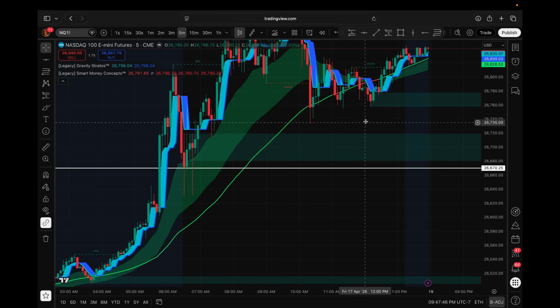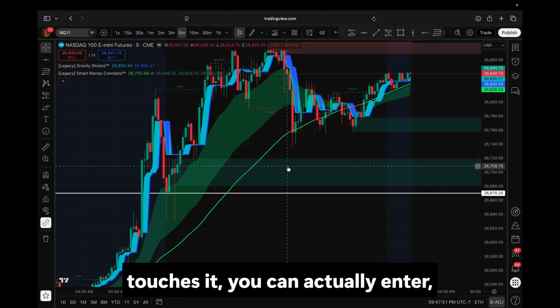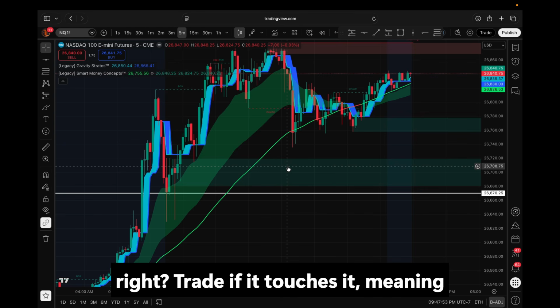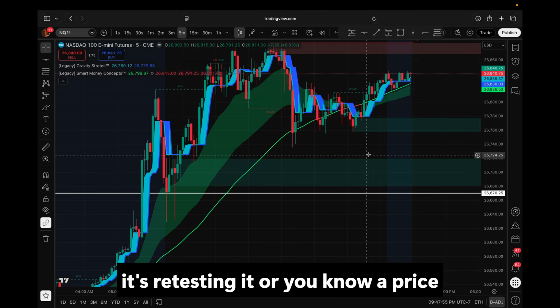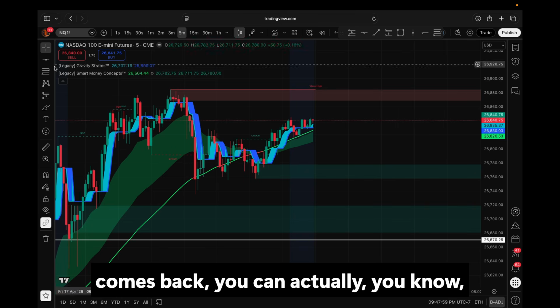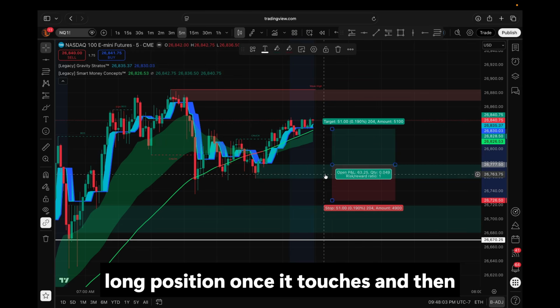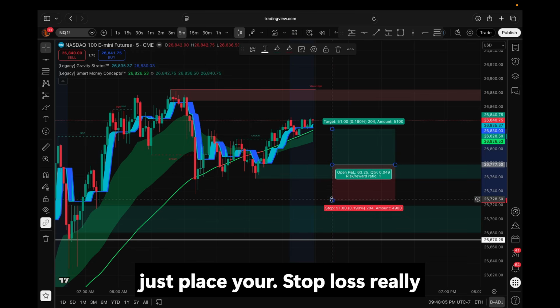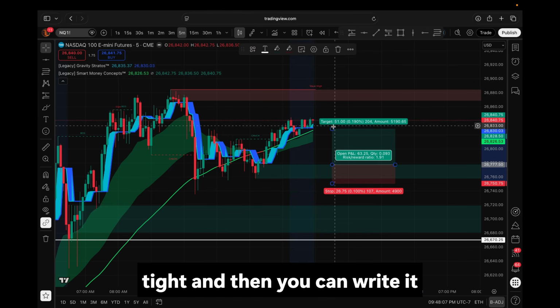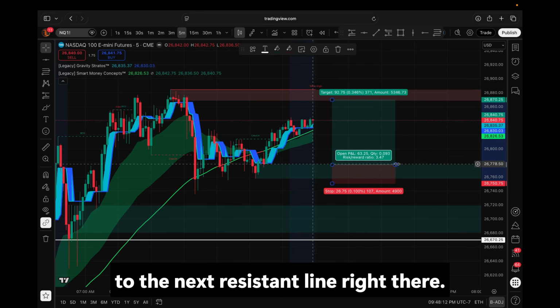Meaning if price comes back and touches it, you can enter a trade since it's retesting it. For example, you can enter a long position once it touches, place your stop loss really tight, and then ride it to the next resistance line right there.